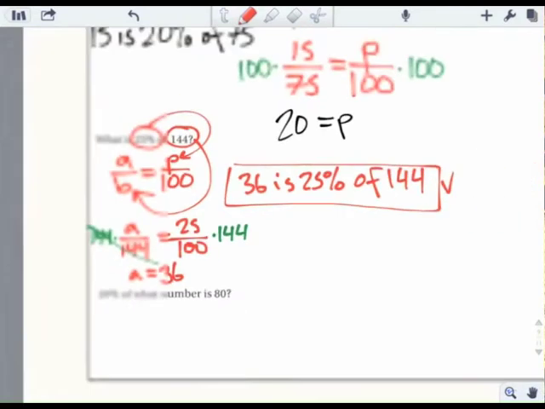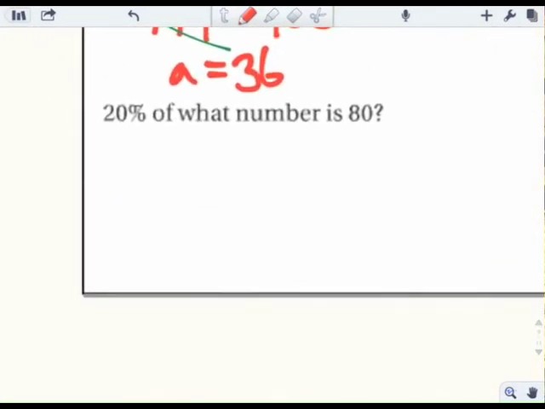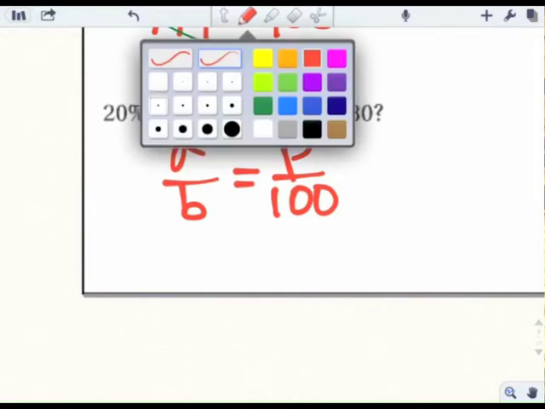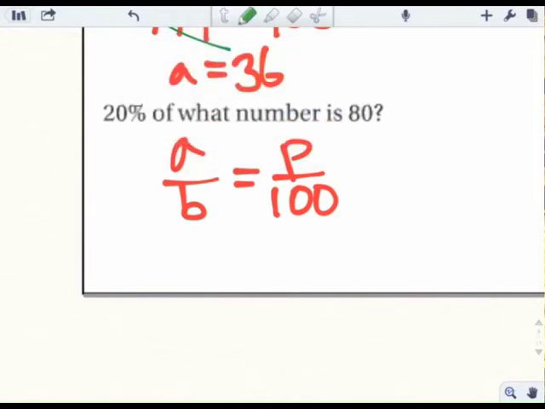Alright, and finally, 20% of what number is 80? In this case, we know what P is. It's 20%. We don't know what B is. We actually know what A is. 80 is the part.